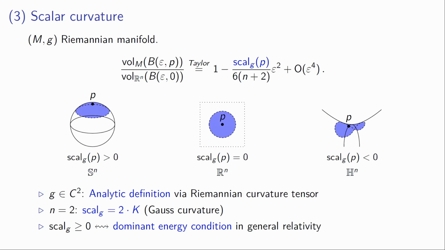And there is a connection of scalar curvature properties to general relativity, namely the scalar curvature being non-negative is related to what physicists call the dominant energy condition, at least for totally geodesic submanifolds of semi-Riemannian manifolds.